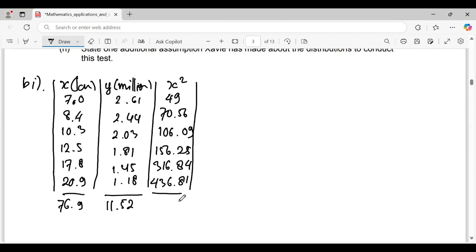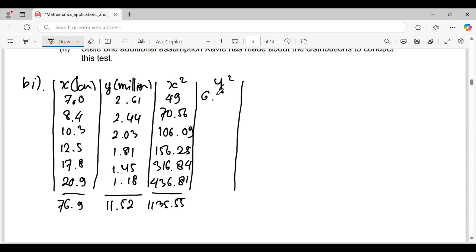The accumulation, the sigma, is 1135.55.